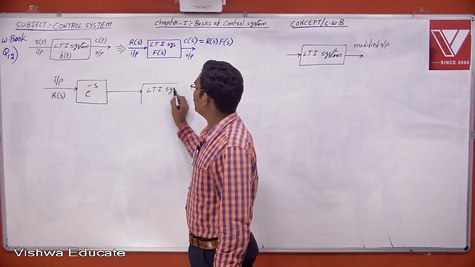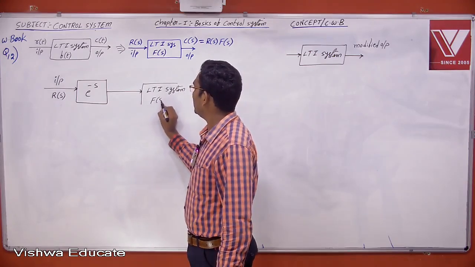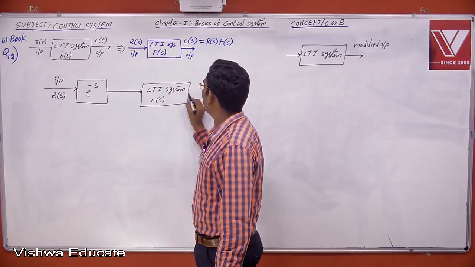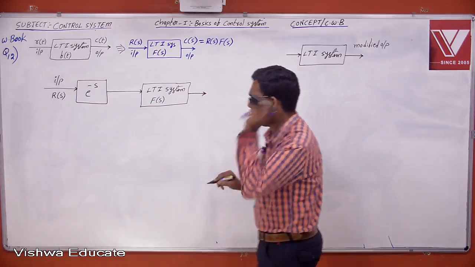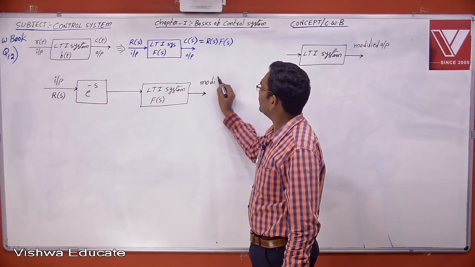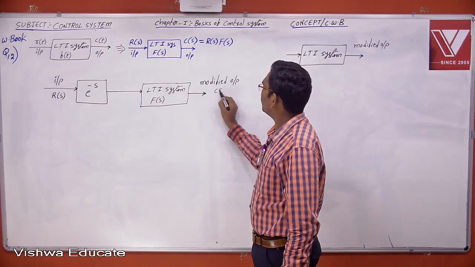I just assume this LTI system's impulse response as some F of s. Then what should be the modified output? This is the modified output C of s.